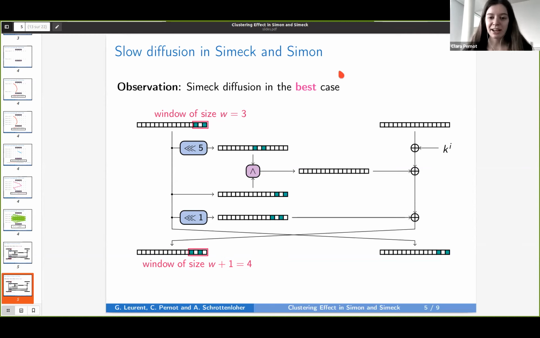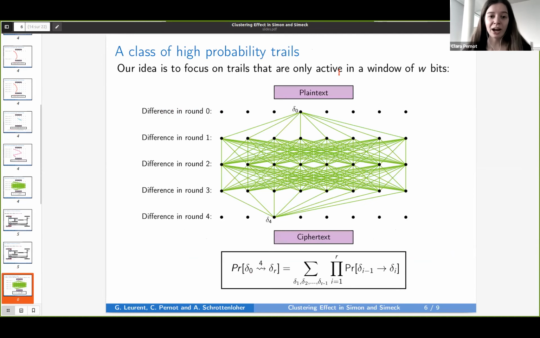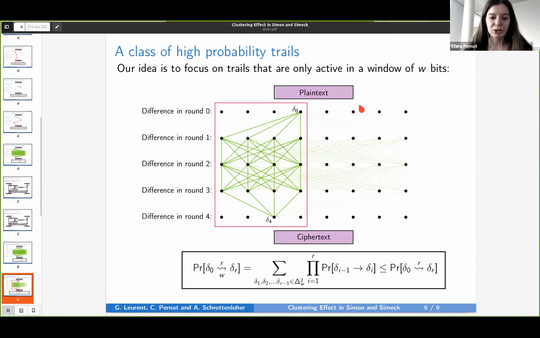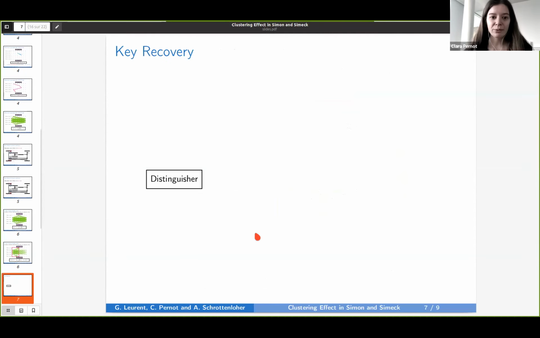Simon and Simeck have a very slow diffusion, and we decided to exploit this. Our idea was to focus on trails that are active in a window of W bits. Instead of considering all the trails, which is infeasible, we only focus on the trails that are active in a window of W bits, and this gives us a lower bound of the probability. By doing this, we obtain stronger distinguishers for Simon and Simeck. Then we extended this to key recovery attacks.